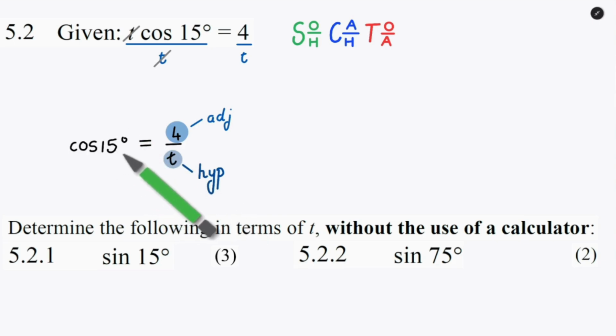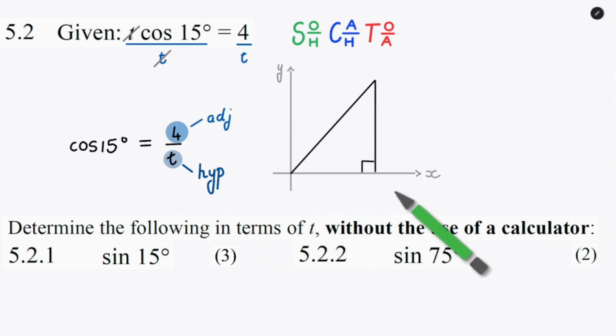Now 15 degrees is in the first quadrant, so we're going to set up a sketch that is in the first quadrant. So just think of your bow tie when you go ahead and sketch this triangle. And then this 15 degrees is always the angle that is closest to the origin. So we just fill it in over there. Then I always like to work this angle out using interior angles of a triangle. 180 minus 90 minus 15 will give me this angle to be 75.